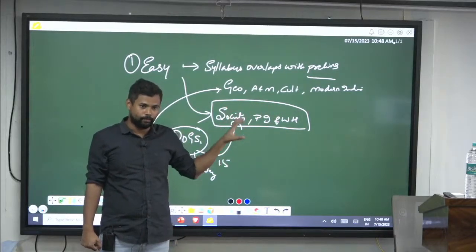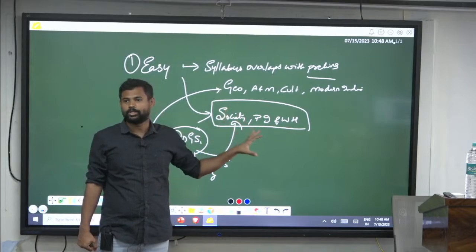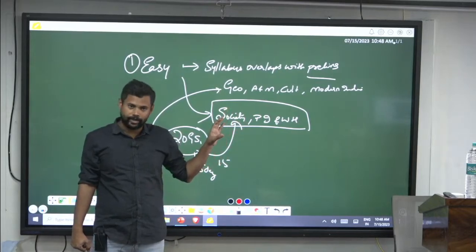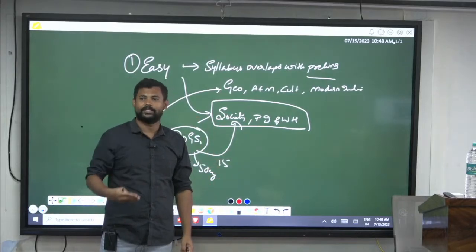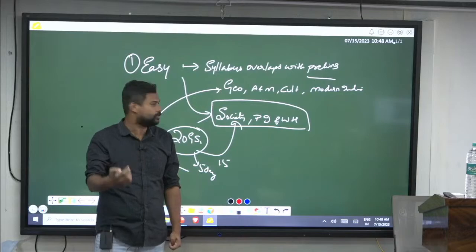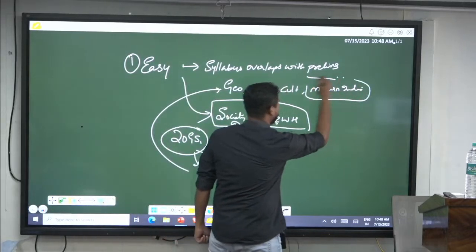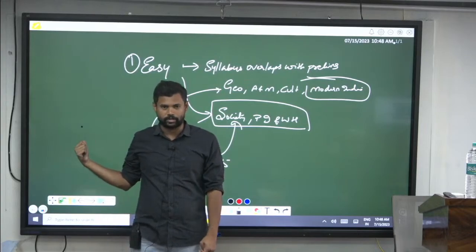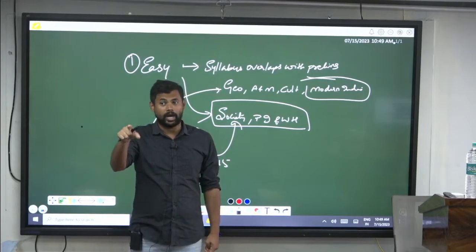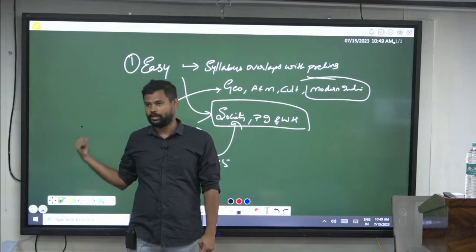Okay, this is the most committed mistake in GS1. That is why GS1 is perceived as easy, and then when you go to the mains exam, you feel that whenever the questions, even let us say the modern India questions that they are asking, you will not be able to answer them. I will show you the previous year question, how they are asking. Try to answer that with your prelims knowledge, let us see.